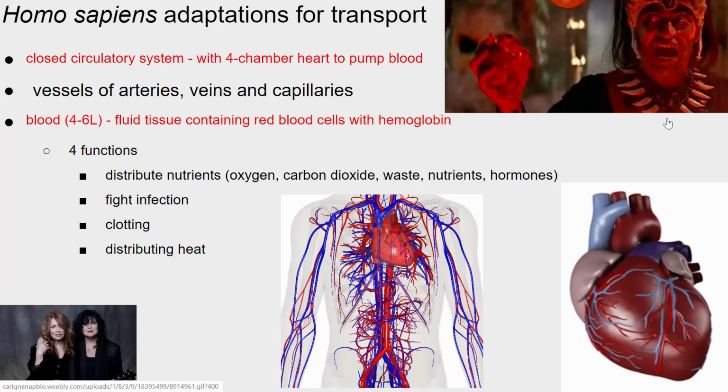It contains different parts, which we'll talk about. Our blood is important because it does several things. It carries oxygen and nutrients, but also helps in fighting off infection and pathogens. It helps seal up damage by clotting and helps redistribute heat in our body. We just learned about that as we talked about homeostasis. So all of those functions are important for our circulatory system.